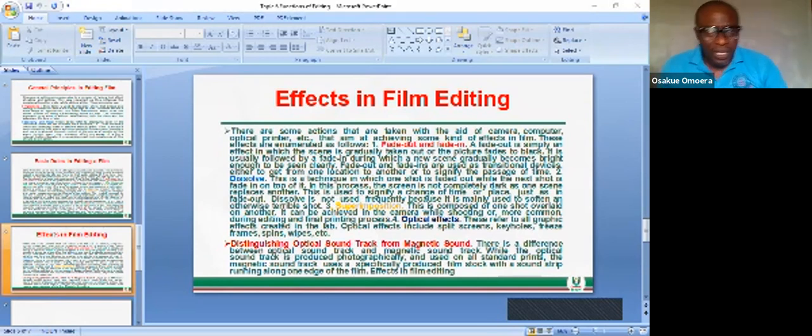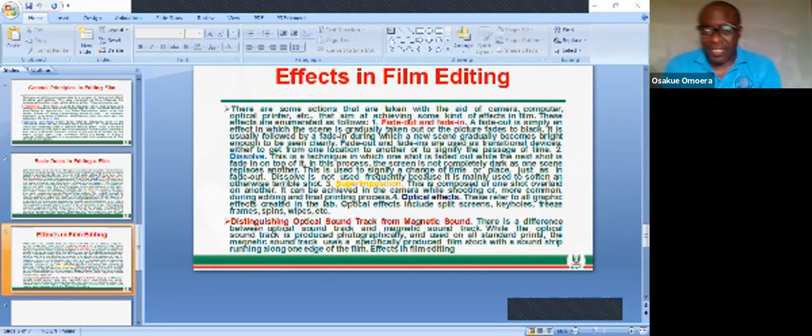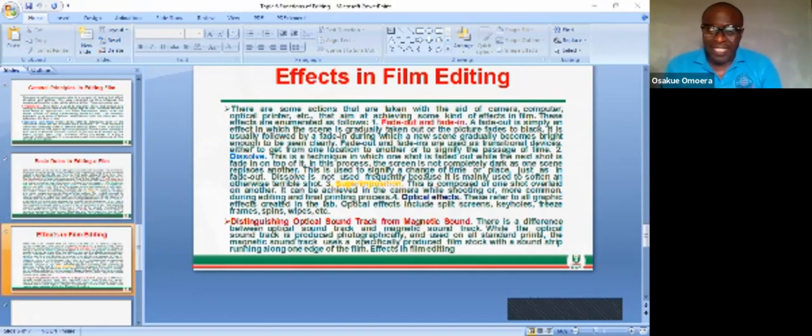The last item we'll be considering today is distinguishing optical soundtrack from magnetic sound. There is a difference between optical soundtrack and magnetic soundtrack.